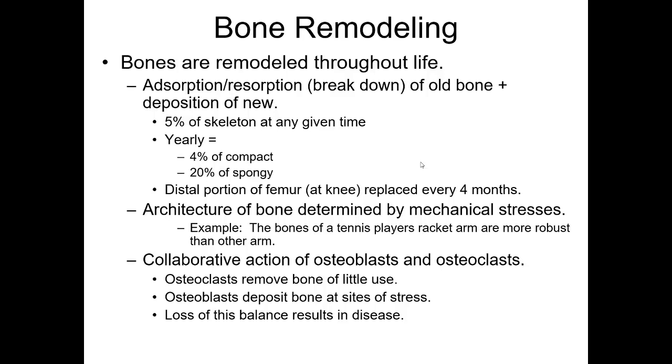Another example of bone remodeling is dental braces. Now with these braces, the wire is doing nothing but tugging or pulling and putting stress on one side of the teeth. Now, when the teeth are tugged upon, this stimulates the osteoclasts to remove bone.